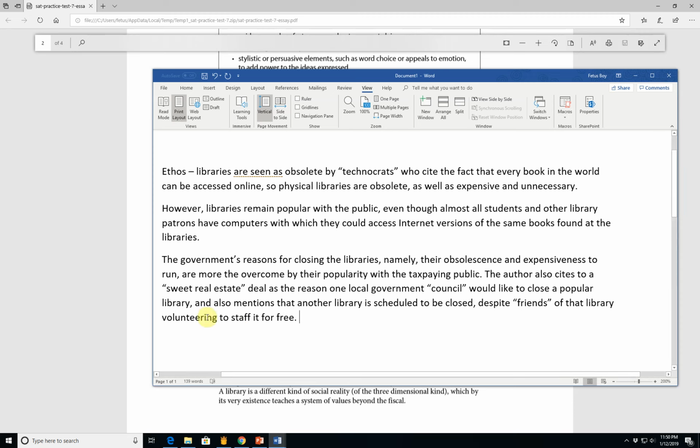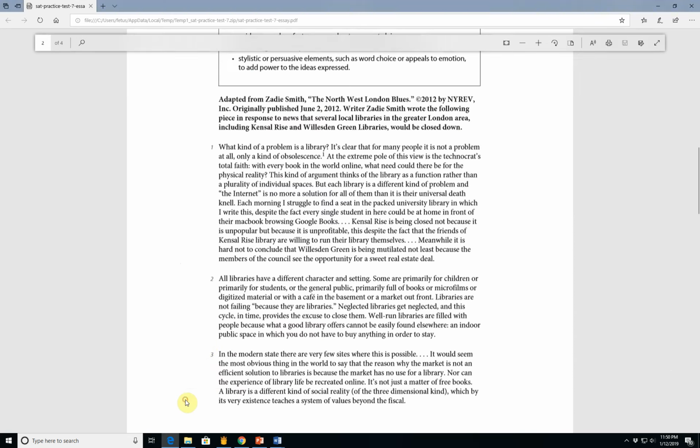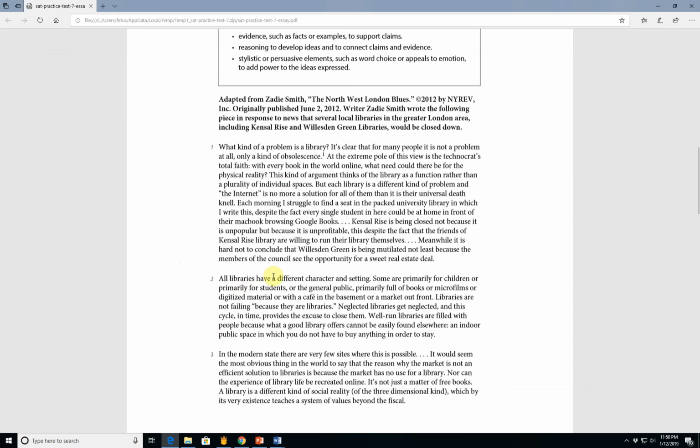Okay, so that's some of the ethos that we see there. Let's see if we can find something else.